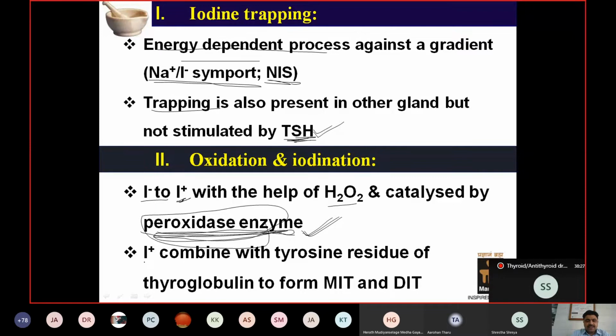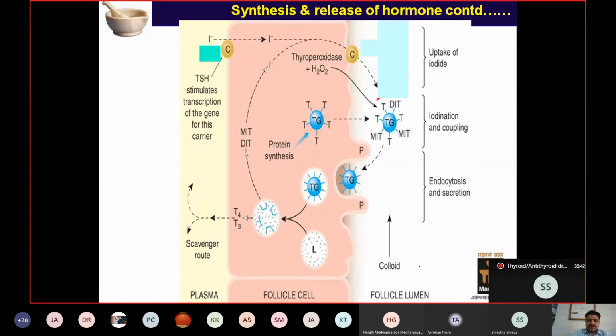The oxidized iodine will combine with tyrosine residues in thyroglobulin to form monoiodotyrosine and diiodotyrosine, like what we discussed here.